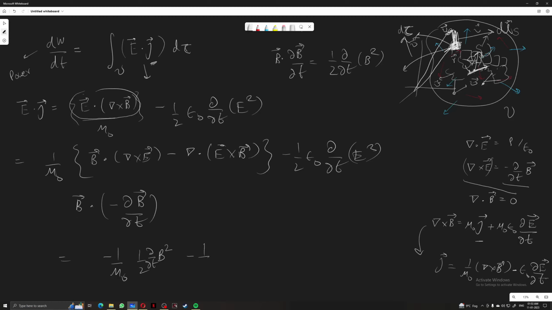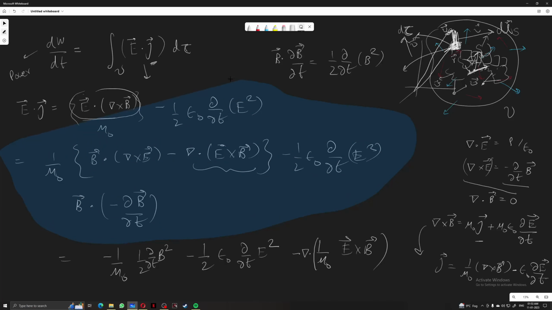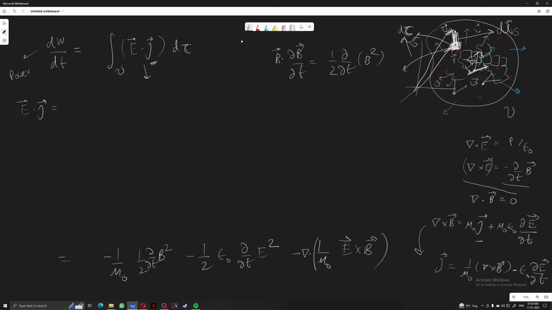Then I have half epsilon naught d over dt of E square, and then I have negative 1 over mu naught, and I have this divergence of E cross B. So let me bring this 1 over mu naught inside. This is my final result. Let me just club some terms together. So I can club this half and minus outside, and also this partial derivative.